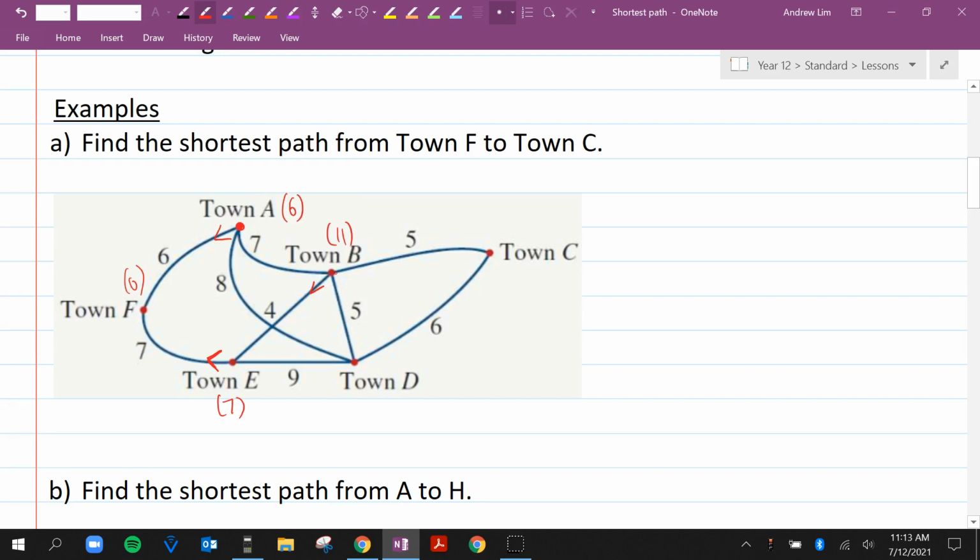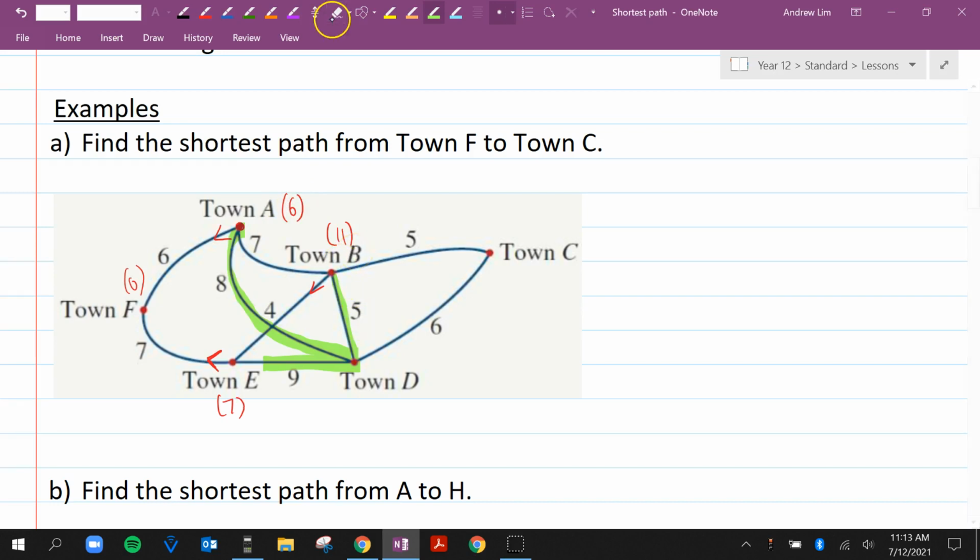Alright, what about Town D? The smallest weight for Town D, I can see there's a few different ways to get there. I could go that way, or this way. We're only pretty much looking at the towns where we've already established the minimum weight, the ones with numbers in brackets.